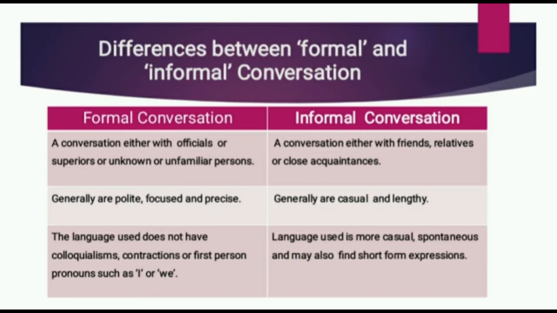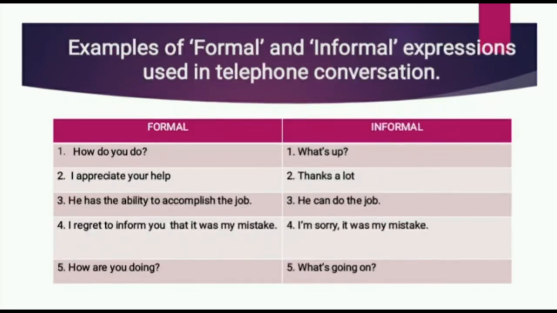Formal conversations are generally polite, focused, and precise, whereas informal conversations are generally casual and lengthy. In formal conversations, the language used does not have colloquialisms, contractions, or first person pronouns such as I or we. Whereas in informal conversations, the language used is more casual, spontaneous, and may also include short form expressions.